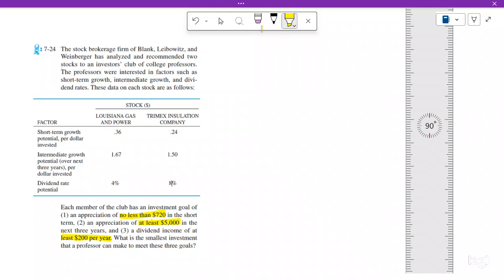They are suggesting otherwise, so you must find the minimum. So this is not maximizing but minimizing. However, let's continue. Then x is 200 over 0.04, 200 divided by 0.04, and your answer is 5k.